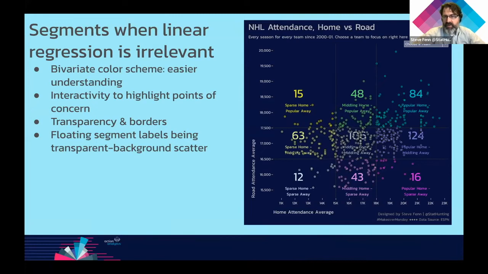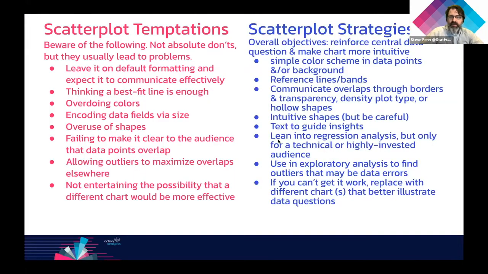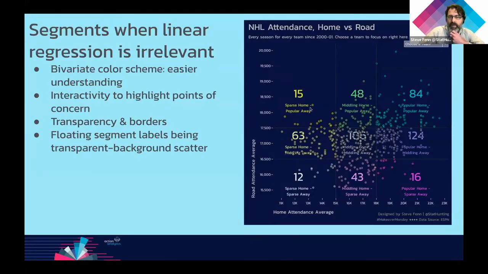And the regression analysis wasn't interesting other than, yeah, there actually isn't much relationship between home and road attendance for a team. But I thought it would be an interesting thing for somebody to explore and find, somebody who maybe was working with an NHL team would maybe be curious as to why some of these have really bad home attendance, but draw really well on the road, or vice versa.